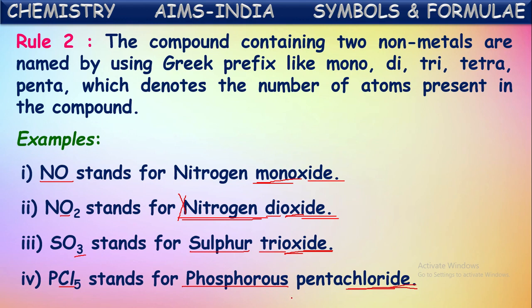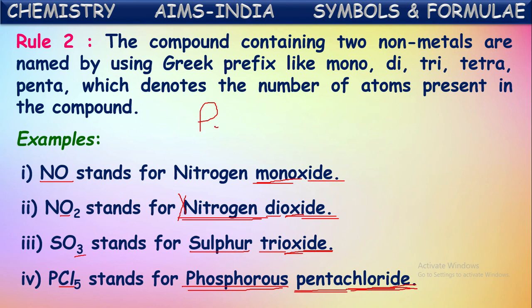Now it became phosphorus chloride. And the number of chlorine atoms present in the molecule is also mentioned by using the Greek prefix penta before the second non-metal name. Now it became phosphorus pentachloride.